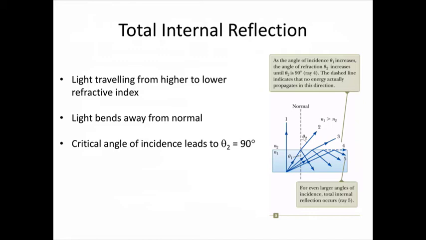The 90-degree refraction angle is shown as ray 4, and the angle of incidence that leads to that is what we call the critical angle for that material. So for any angle bigger than the critical angle, there will be no refracted beam at all, and all of the light goes into the reflected beam.